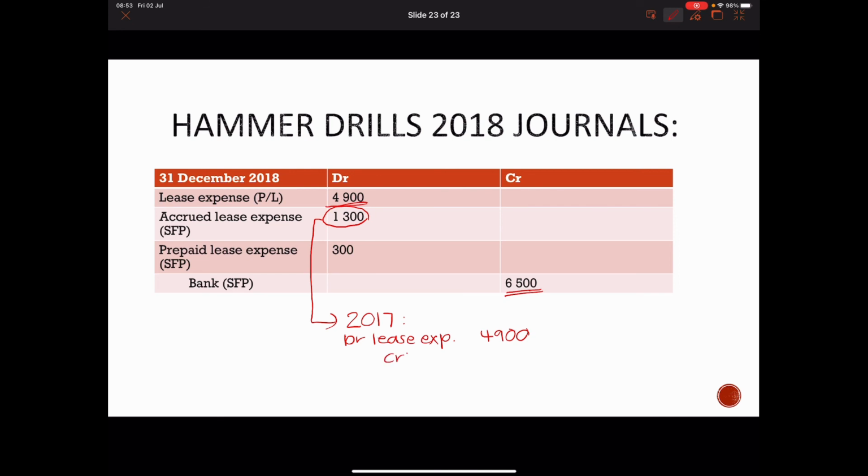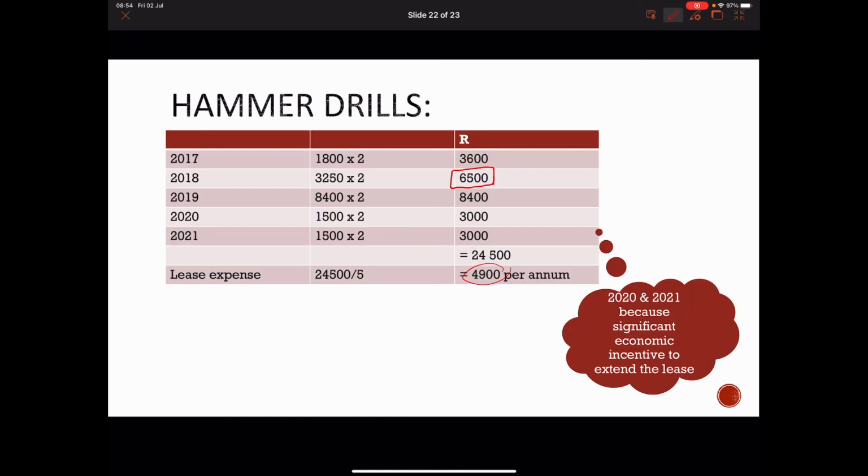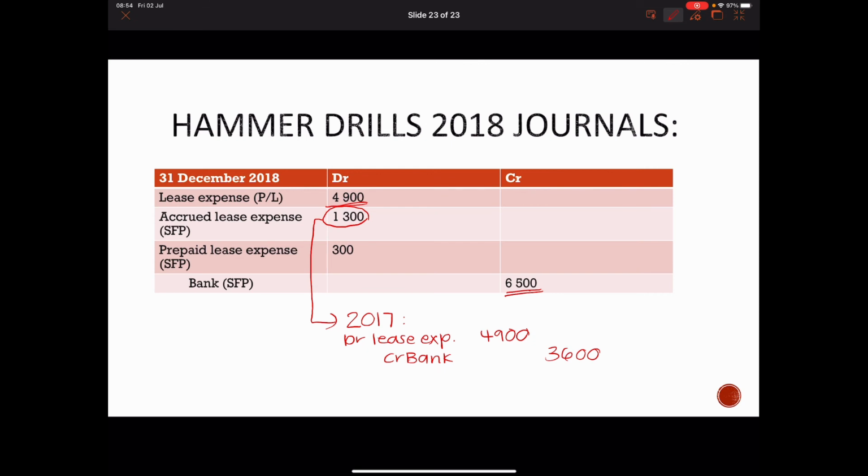You would have credited bank with 3,600 Rand because in 2017, this is the amount that you actually pay. The balancing amount is then credit accrued lease expense, which is a balancing figure of 1,300 Rand.